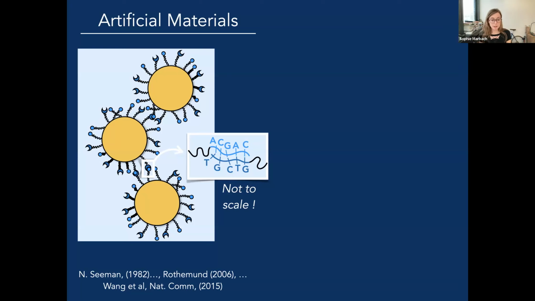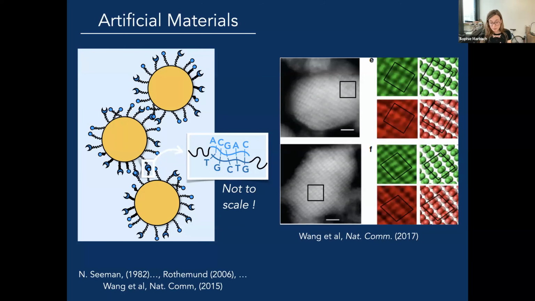And the kind of things that we've been interested in doing with these particles are typically artificial materials, because you can bind lots and lots and lots of these colloids together. And those materials have interesting light absorption properties, that being one of the examples, but there are many, many more.